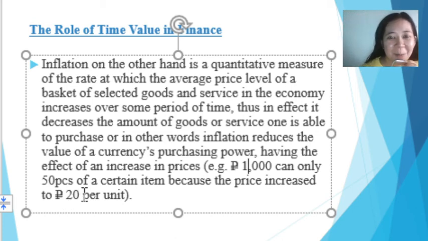So what will be the effect? Your 1,000 pesos can now only buy 50 pieces of that item. That is the effect of inflation on purchasing power, as well as the value of money. These are the factors that affect the value of money as time passes by.